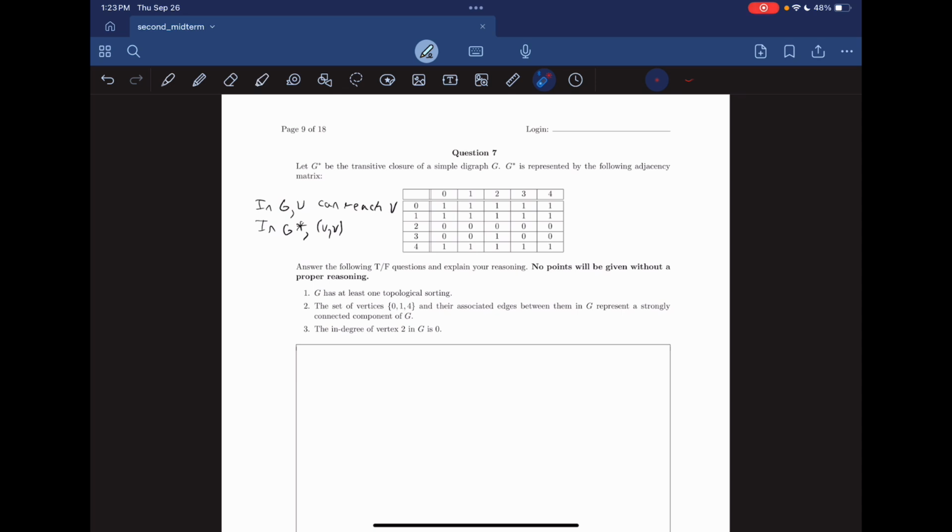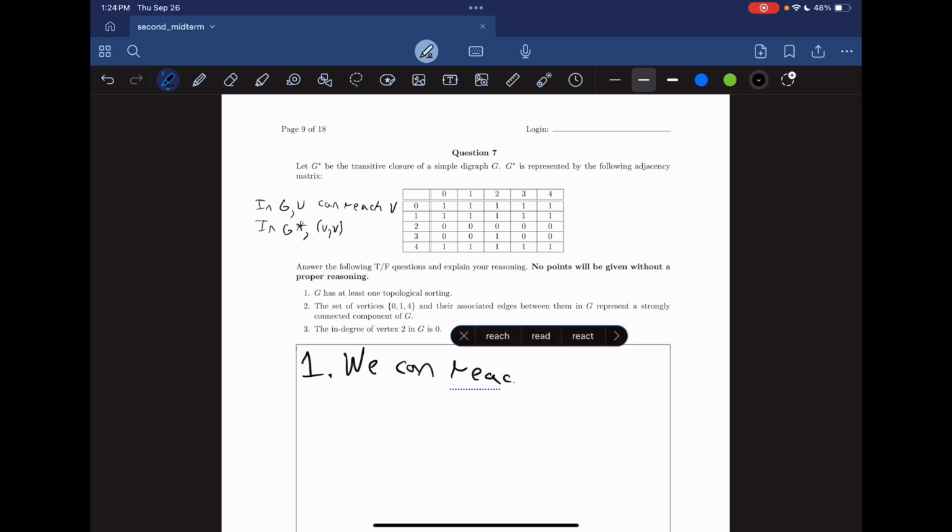Now we can also look at row 1, column 0, and because there's a 1 there, that means there's an edge from 1 to 0 in G star, which means, on the opposite end, that we are able to reach 0 from 1 in G. So in other words, we can reach 1 from 0, and we can reach 0 from 1.